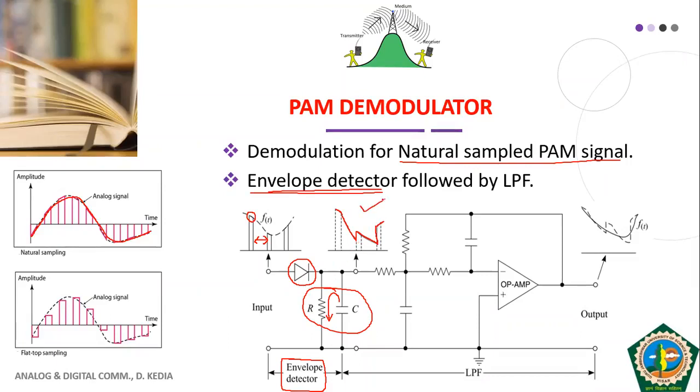So this signal we get at the output of our envelope detector. So once we have obtained this kind of thing at the output of the envelope detector, in order to get the original modulating signal back, we want to remove these ripples, or we want to remove these distortions which are present in the original modulating signal.